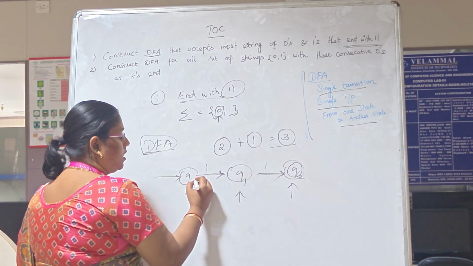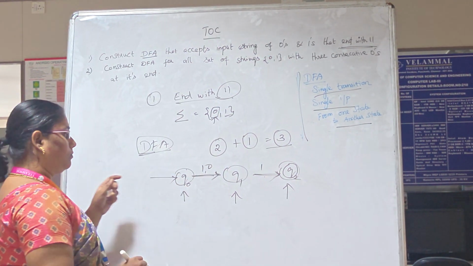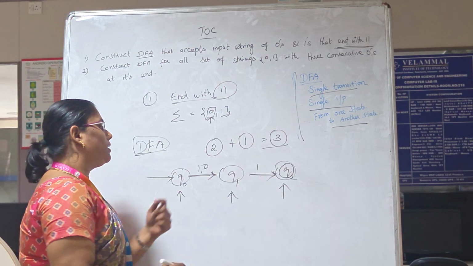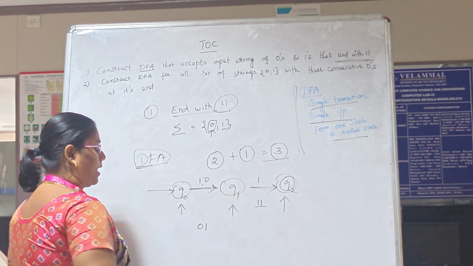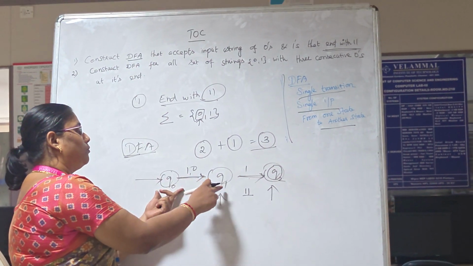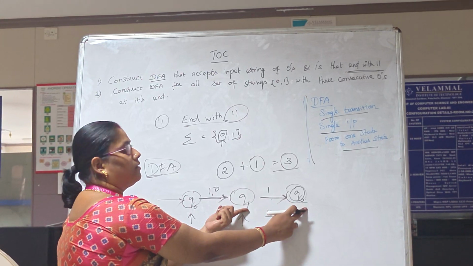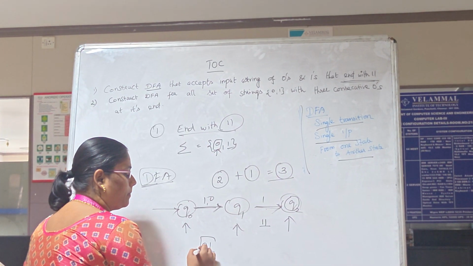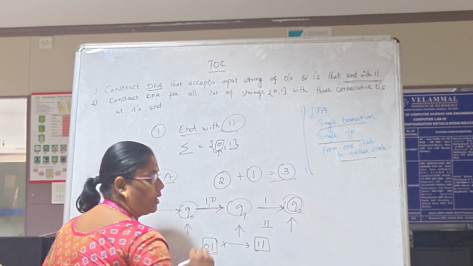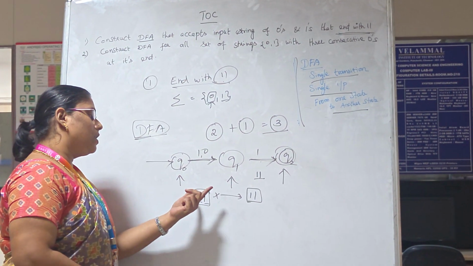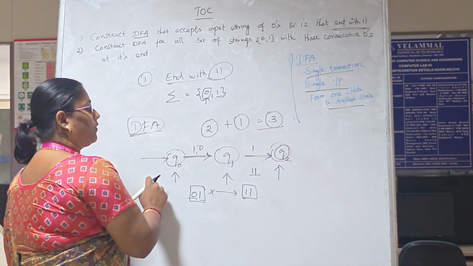If I put 0 from Q1 to Q2, it doesn't mean that it will end with 1 1, because if I give input 0 1, Q0 will move to Q1 after reading the 0 and Q1 will move to Q2, the final state. This is not the condition they have given. It should end with 1 1. If I give input 0 1, that string is also accepted by this machine, so this kind of design is wrong.